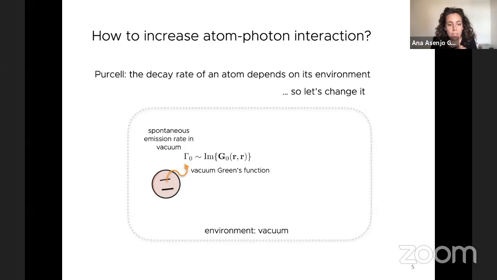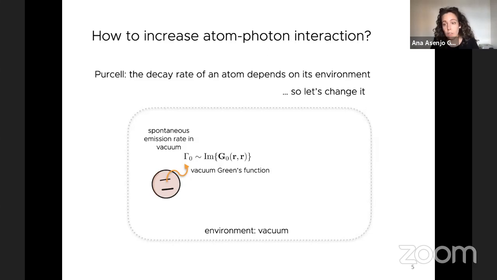So let's change it. Imagine that we have an atom in a vacuum, in free space. Free space has a density of optical modes, and because the atom is in vacuum it feels the presence of these optical modes, and it acquires a finite lifetime. This translates into the atom having a spontaneous emission rate gamma zero, which is proportional to the imaginary part of the Green's function in free space.